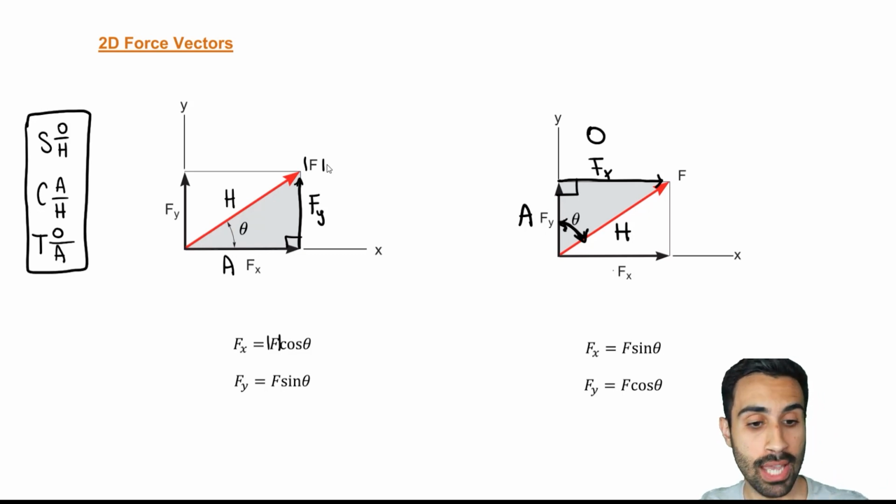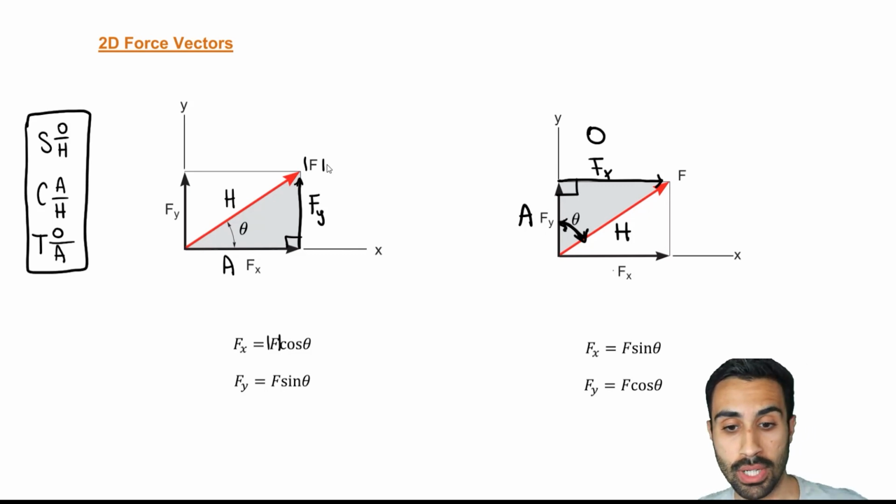But what we can remember is this. Note this down. When the angle is touching the force component and touching the total magnitude, or the resultant, when it touches that force component, it's always cosine. There's no question. If you remember that, it's a lot faster than doing the SOHCAHTOA stuff. But it does come from SOHCAHTOA.